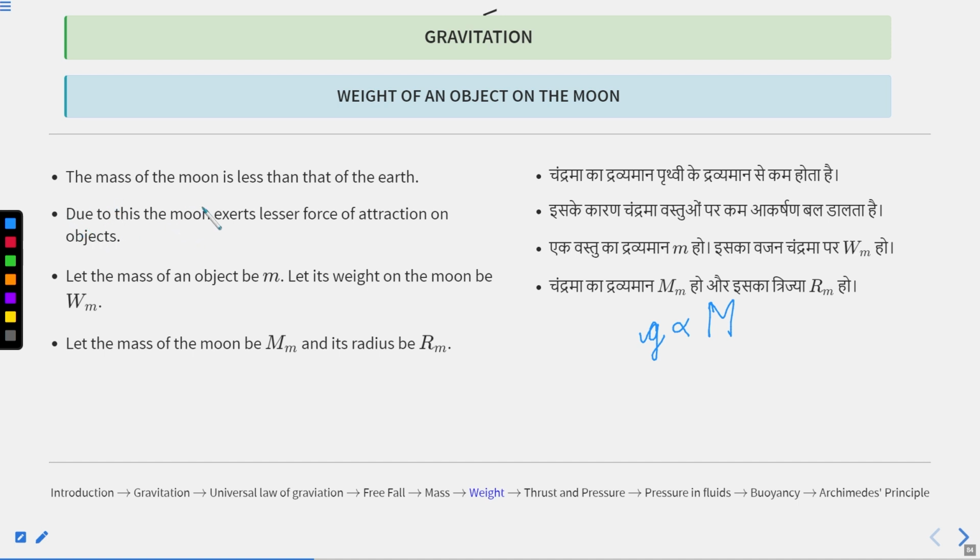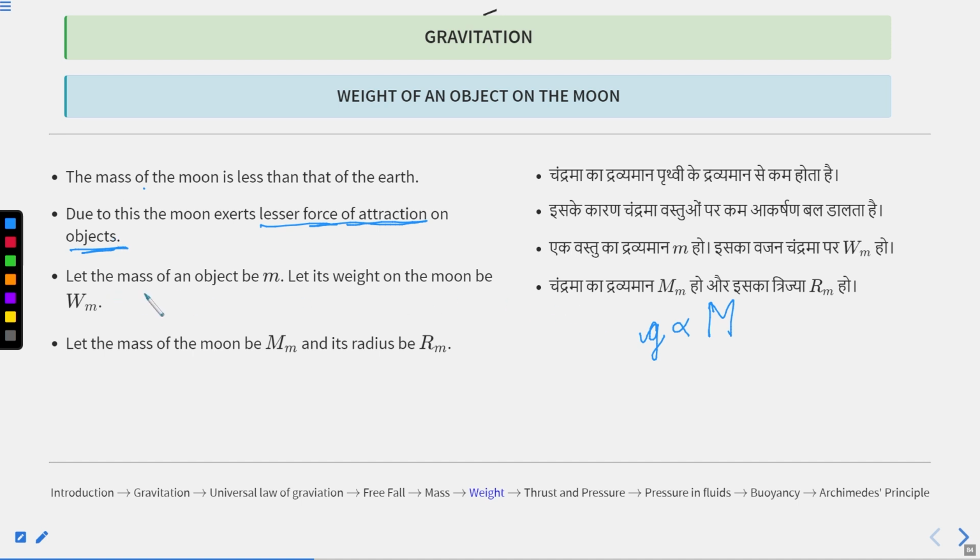Due to the mass being lesser than that of the earth, the moon exerts less force of attraction on the object. The moon will attract that object with less force in comparison to earth, and we are trying to calculate that force.